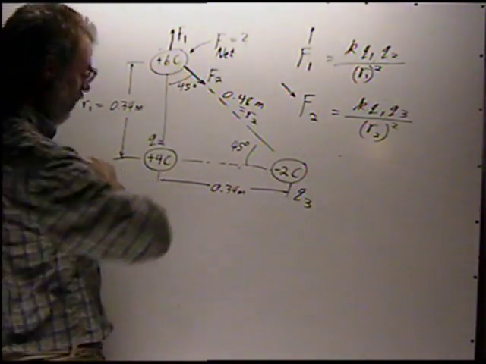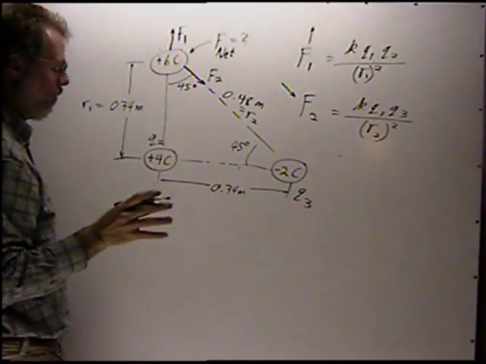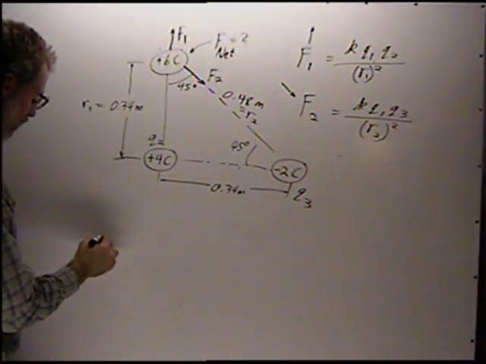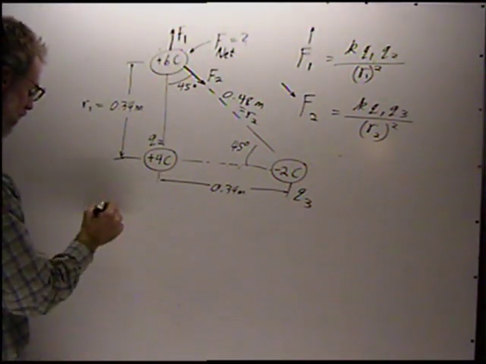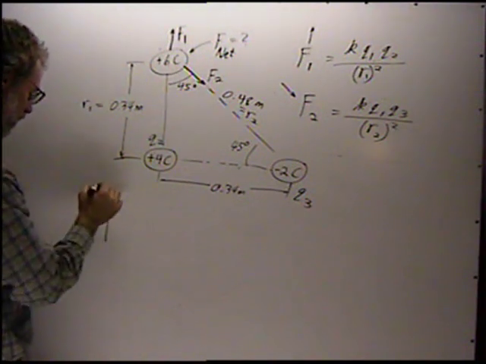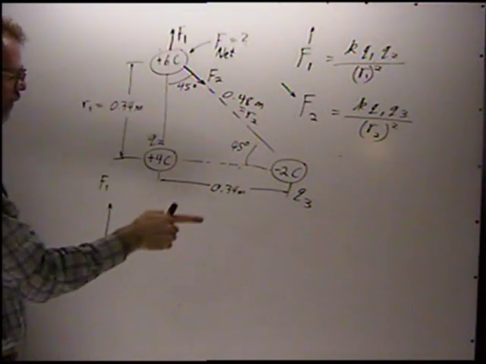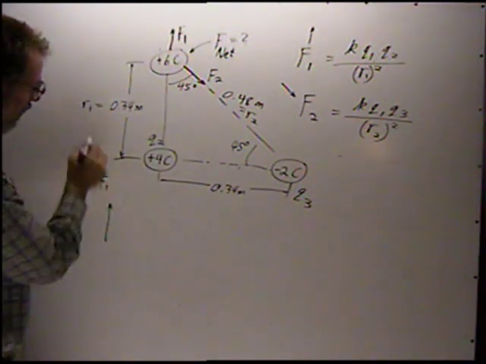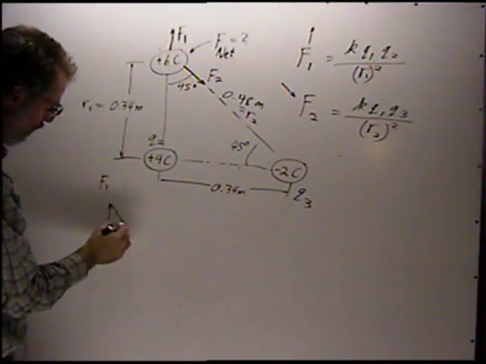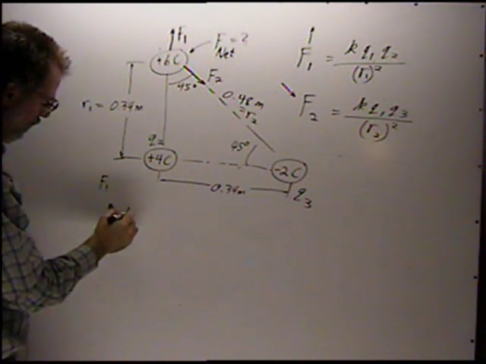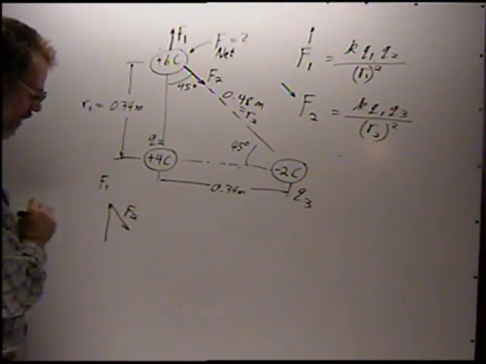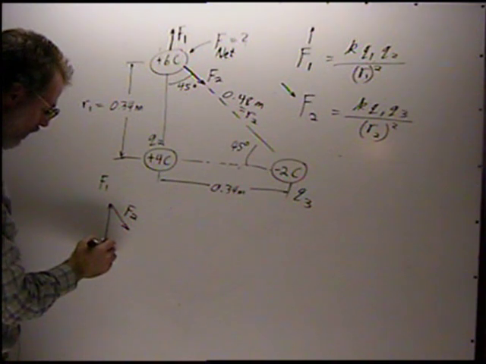Okay, so from a vector diagram, what we have is force 1, we'll call it F1, and it's directly up. We have force 2, okay, at a 45-degree angle. That's force 2. So what is the net force?